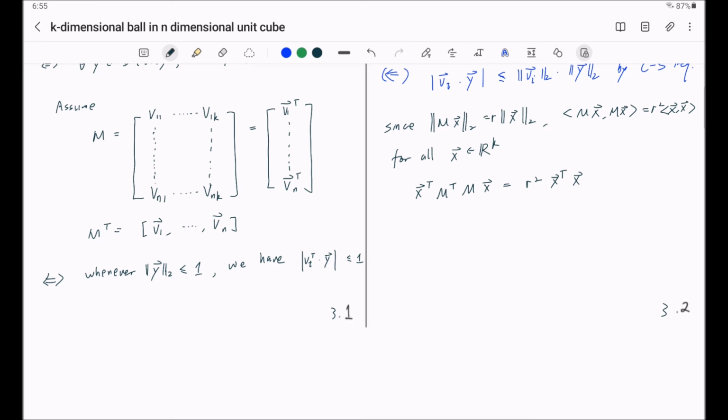And now we are ready to show the upper bound. Take x as a canonical basis of R^k. Let x be e1, e2, all the way to ek, and plug it back into this equation.